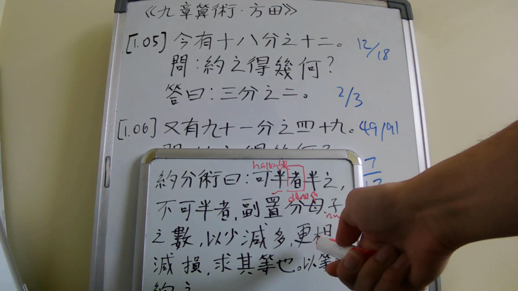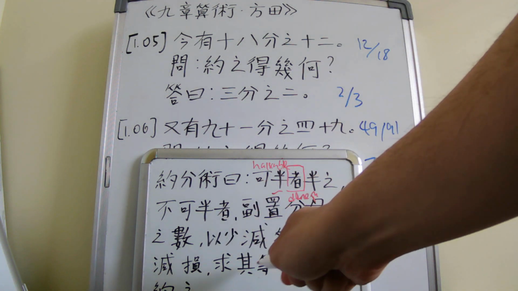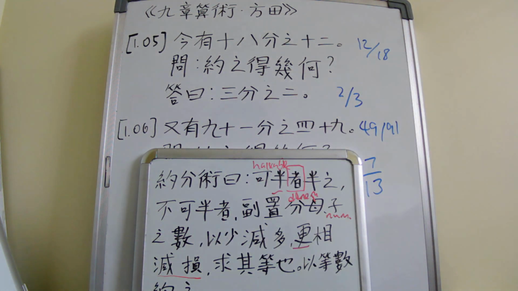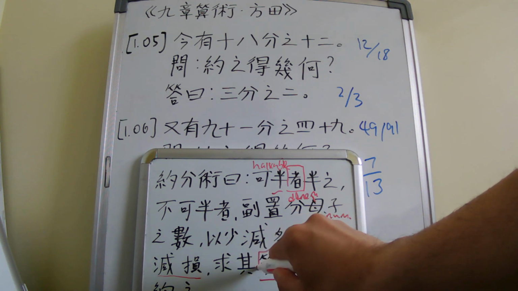Okay, and the next step says 更相减损. So what this means is you're going to keep updating. That's what the 更 means. It means you continue updating this subtraction process where you use the lesser number subtracting from the larger number, and then you got to keep doing that, 求其等也. So we have to understand what this word means. 等.